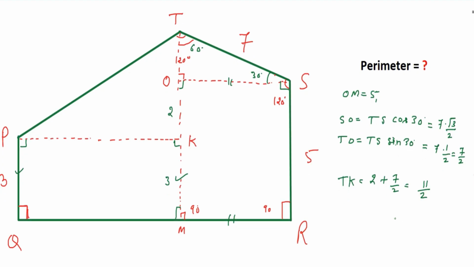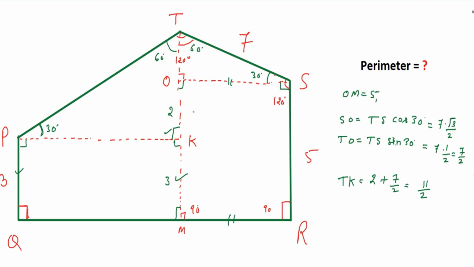So in right angle triangle TKP we have one side length, that is TK, and very first we will find the angles of this triangle. Here the entire angle T was 120 degrees and this portion is 60 degrees, that means this portion will be 60 degrees too. And if this angle is 90 degrees and this is 60 degrees, that means angle P will be 30 degrees.